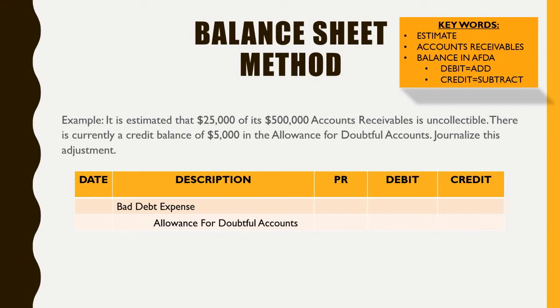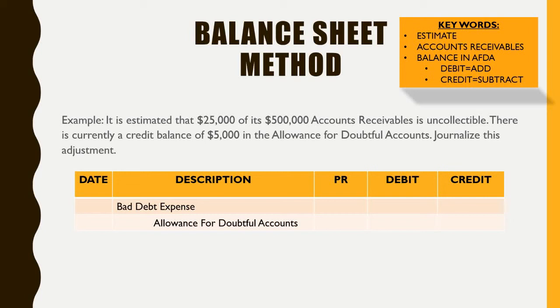If a company estimates that $25,000 of a $500,000 accounts receivable is to be uncollectible, there is currently a credit balance of $5,000 in the allowance for doubtful accounts account.